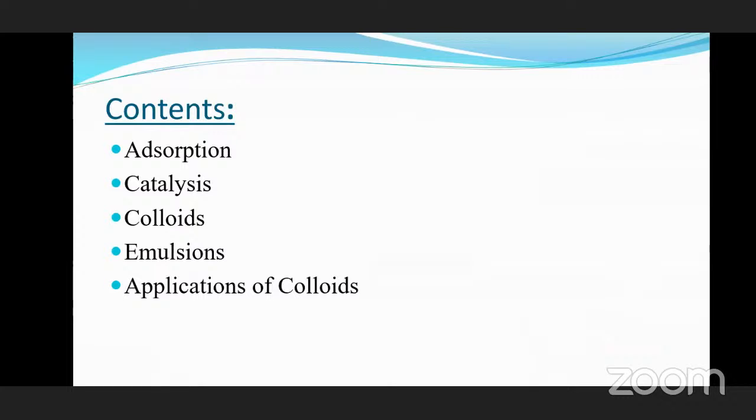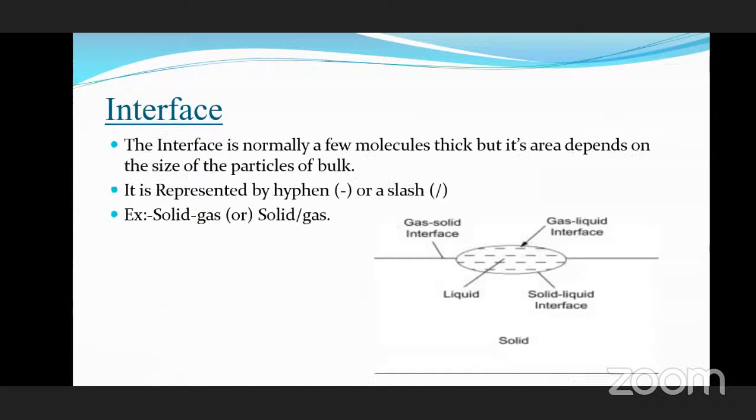Apart from this, first we have to learn about adsorption. Students, adsorption is an important term in this chapter, so you have to concentrate more on it. Before entering adsorption, we have to know an important term, that is interface.